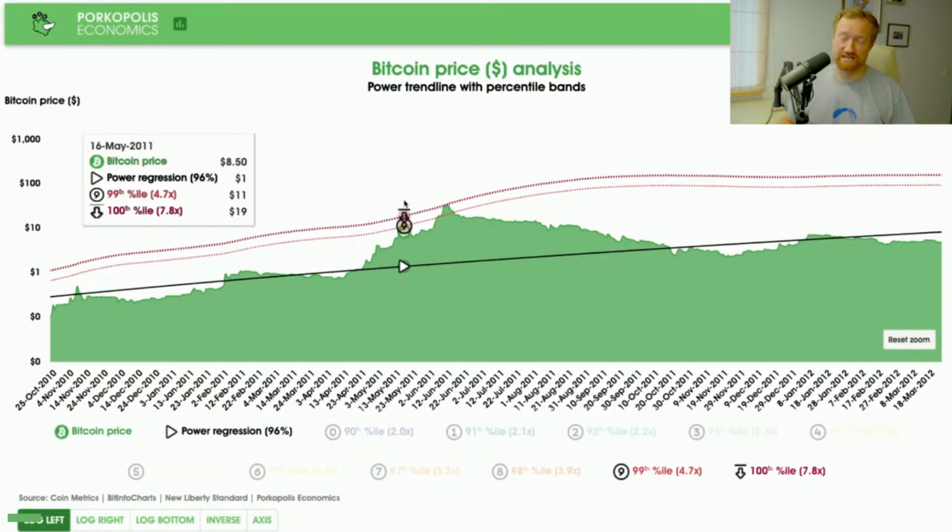It means 99% of the time it's not going to be that way. And then we hit the 100th percentile, meaning this was the top ever, 7.8x. Okay, so very, very rare. And even the fact that there's quite a bit of daylight between a 4.7 multiple and a 7.8 multiple shows you how rare it is, considering that these lines are taking into account 15 years' worth of data.